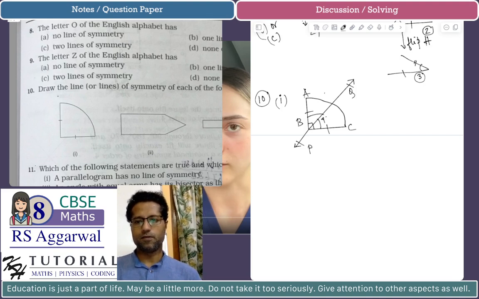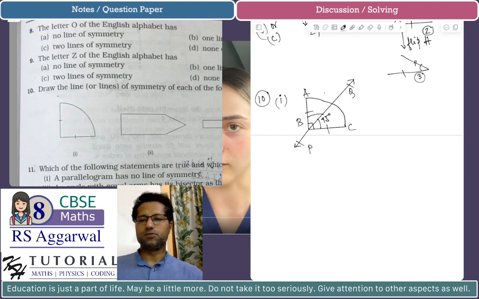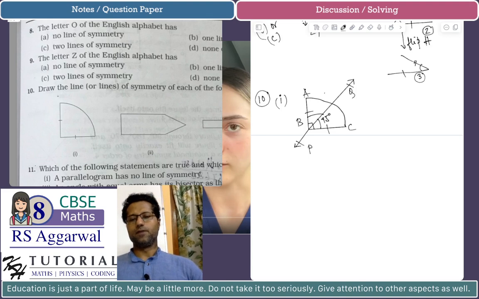They are both 45 degrees. So now PQ is a line of symmetry for the given figure.